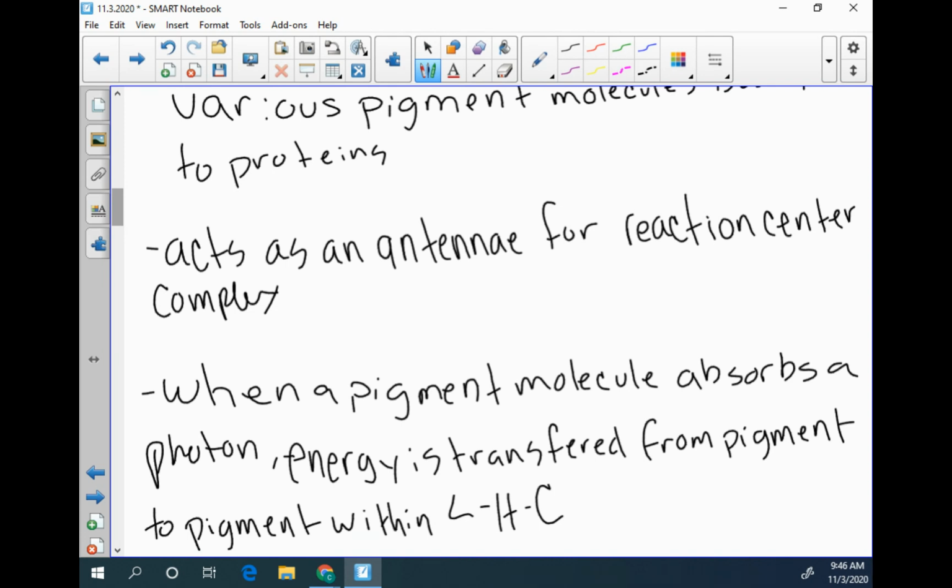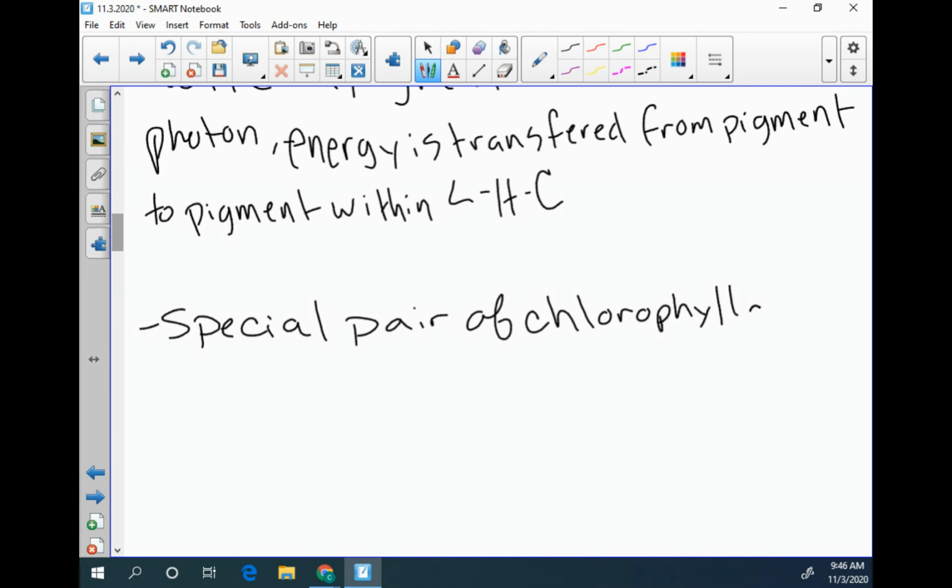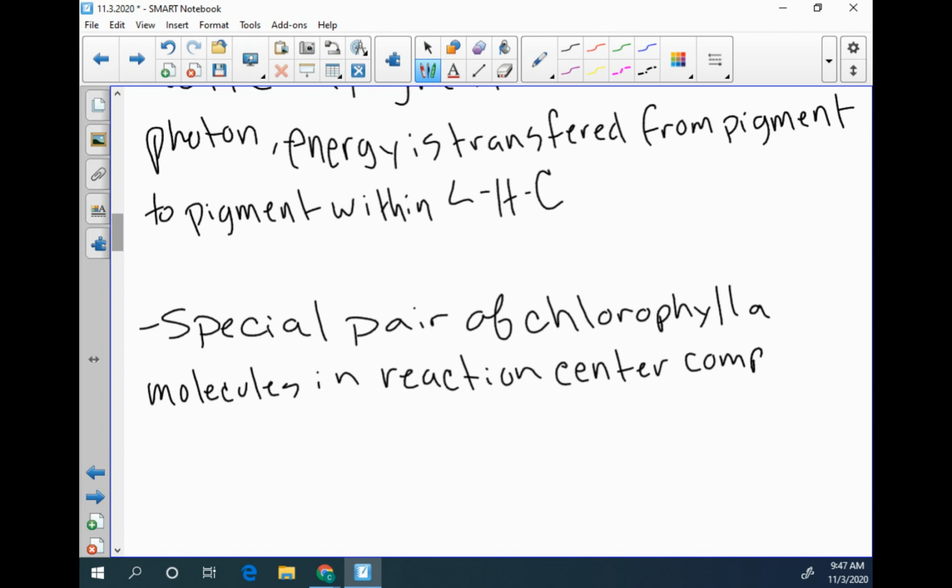Now, we're going to talk about that special pair of chlorophyll A's in the reaction center complex. That's where the big idea of this process happens.